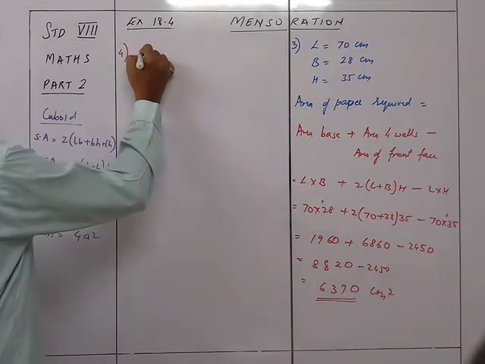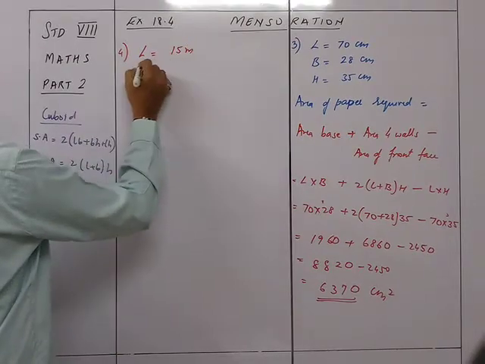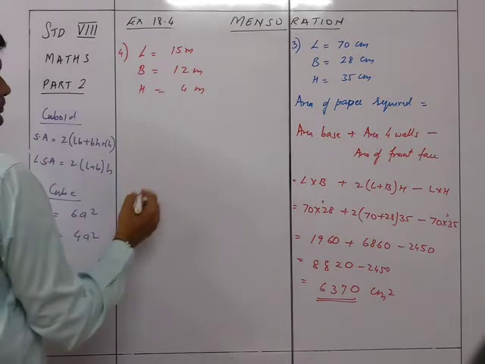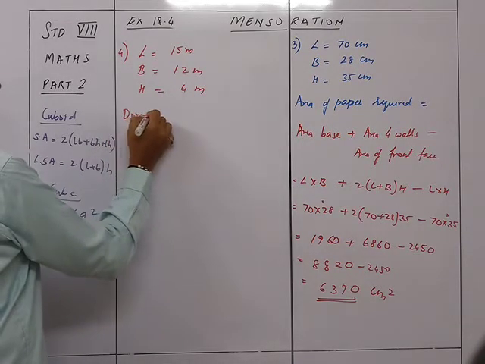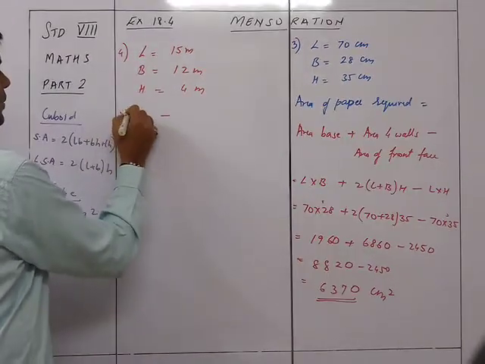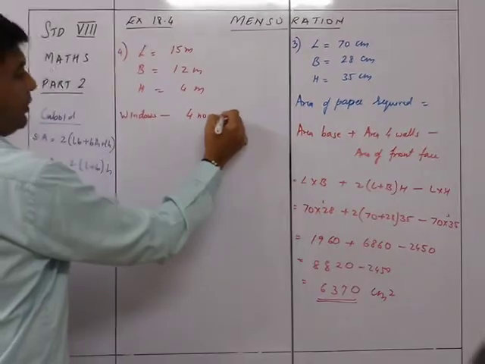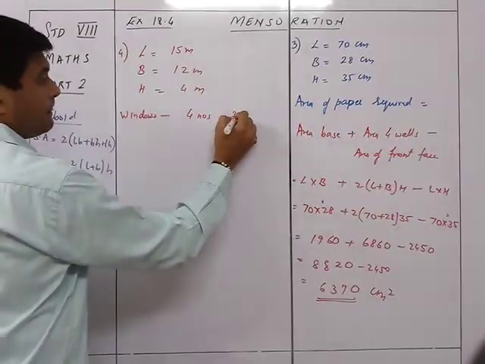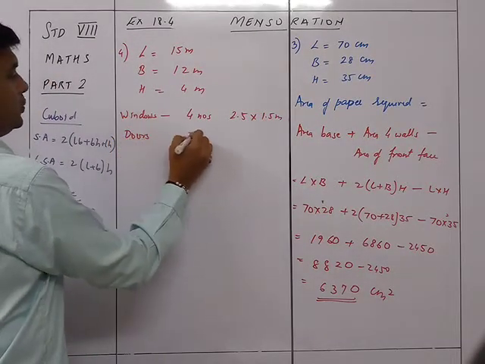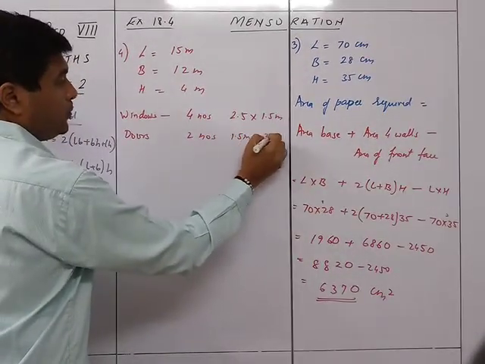So we know over here that the length is given as 15 meters, the breadth is given as 12 meters, and the height is given as 4 meters. Now windows are first. So windows are 4 numbers of dimension 2 by 1.5 meters, and doors 2 numbers of dimension 1.5 by 2.5 meters.